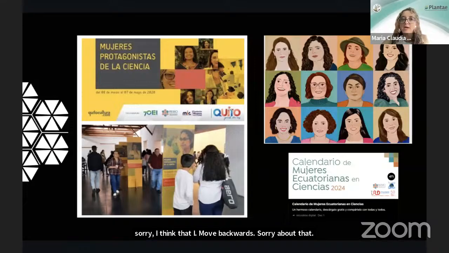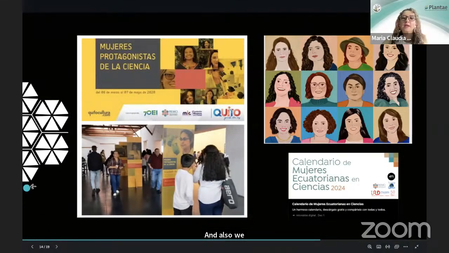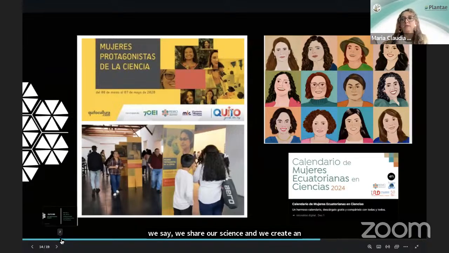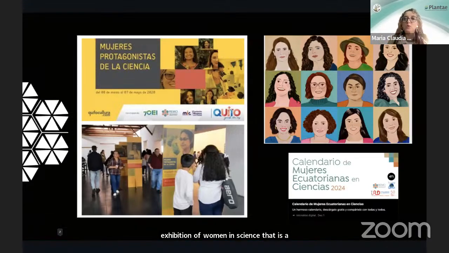And we also have another interesting way of sharing our science: we created an exhibition of women in science that is a mobile exhibition moving from one place to another. Right now, we have had more than 20,000 visitors to this exhibition, with different universities moving the exhibition of women in science in Ecuador.